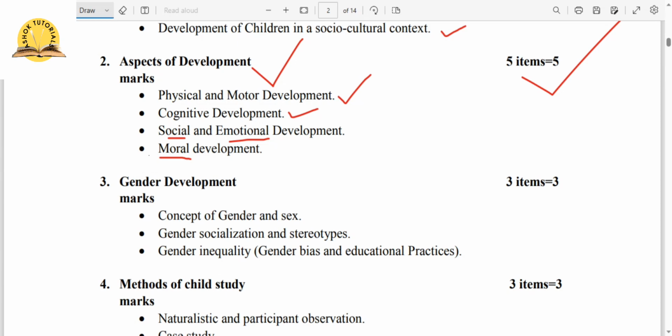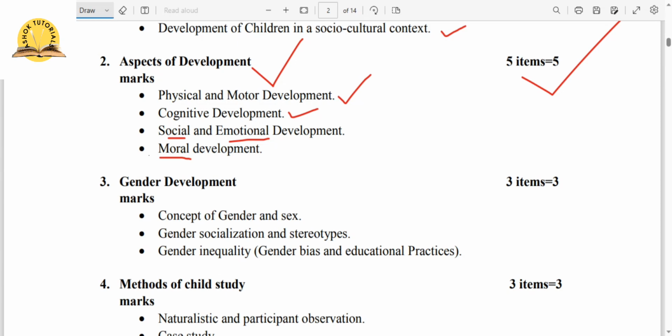Because in the present scenario we see that people lack morals. People might be physically developed, intellectually developed, socially developed, but they are very much lagging behind in moral development. So this is why I feel that this particular topic is very important and we must learn from it.